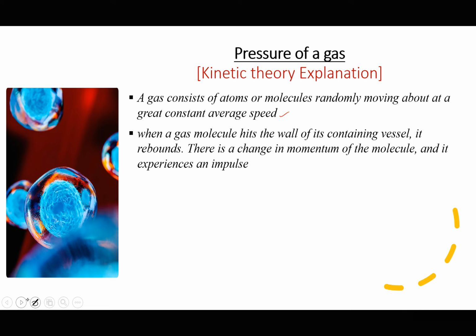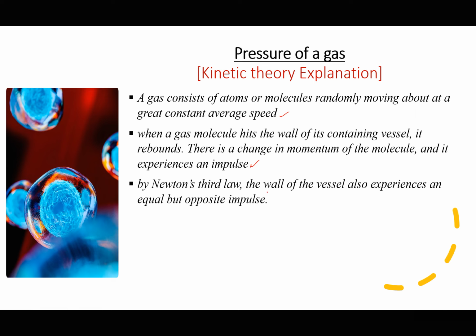Number two, when a gas molecule hits the wall of its containing vessel, it rebounds. If it rebounds, there is a change in momentum of the molecule and it experiences an impulse. So the gas molecule experiences an impulse when it collides with the wall of the containing vessel. Then by Newton's third law, the wall of the vessel also experiences an equal but opposite impulse.